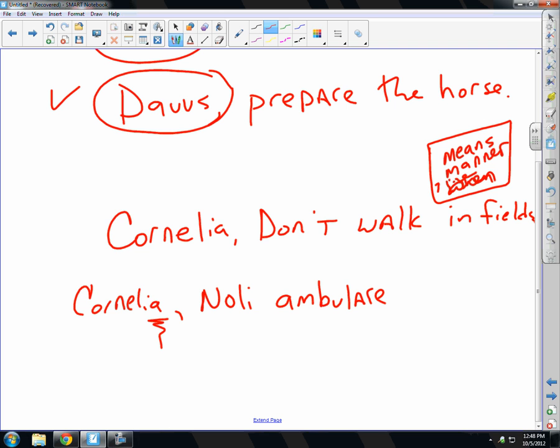It's not ablative of means, manner, or time. So it must have a preposition. The preposition is in. Is there motion involved? Do not walk into the fields or in the fields. If it's into, we would have motion. We do not have motion. Without motion, we're going to use the ablative. It is plural, so I'll use the ablative plural.